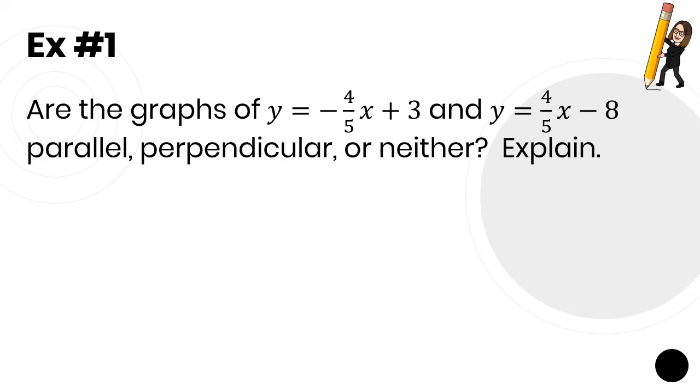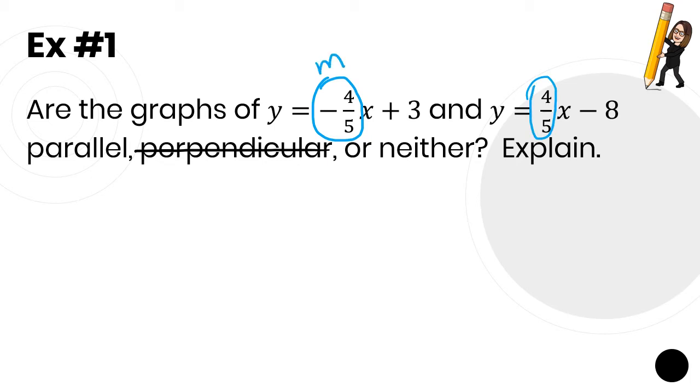The first example, we're going to decide, are these graphs parallel, perpendicular, or neither? Well, we haven't learned about perpendicular yet, so let's just ask, are they parallel? So which numbers are their slopes? Well, the slopes are always located in front of the x.